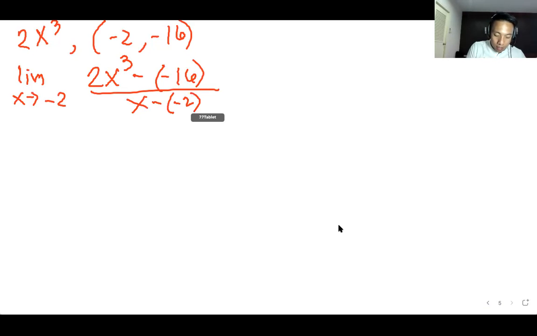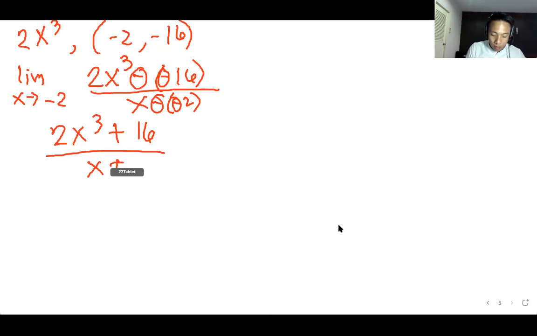Let us simplify. 2x cubed, negative and negative, it will become positive 16 and then x, negative, negative, so we have plus 2. Okay? Now, we have here a polynomial with the highest degree of 3. So it is a polynomial because the highest degree is more than 2. So that's 3.